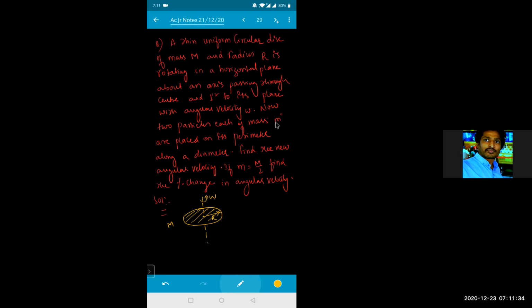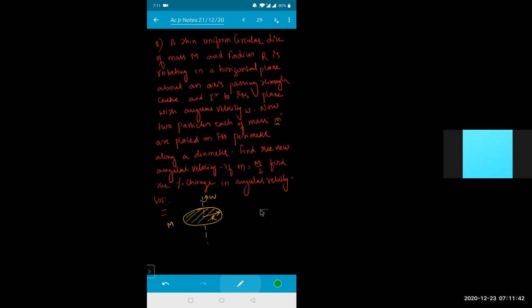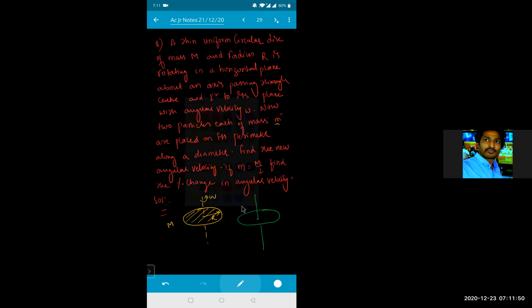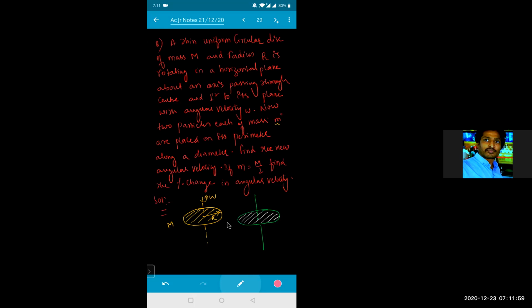Now two particles of mass small m are being placed on its perimeter along the diameter. This is your disk and this is your axis passing through the center. Now we are keeping two masses along its diameter.